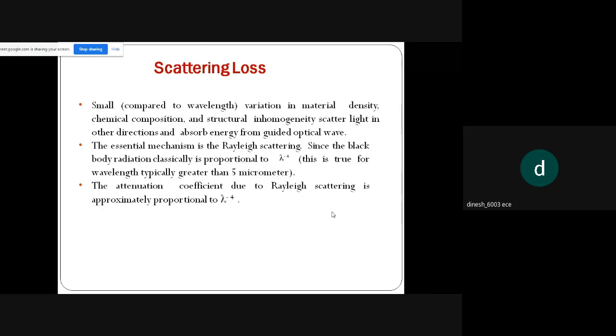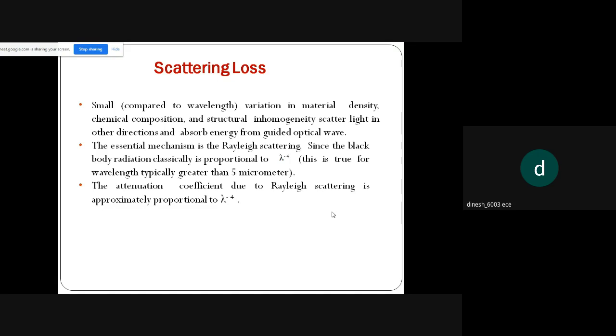Rather than moving in the same direction, it will scatter in other directions, and thus absorb energy from the guided optical wave. So this mechanism is called scattering, and it follows the Rayleigh scattering law.